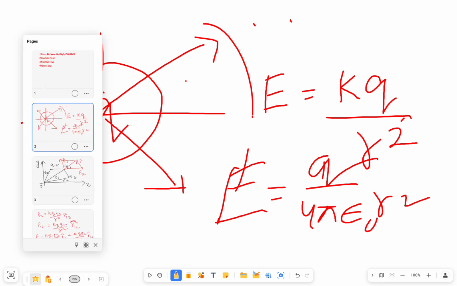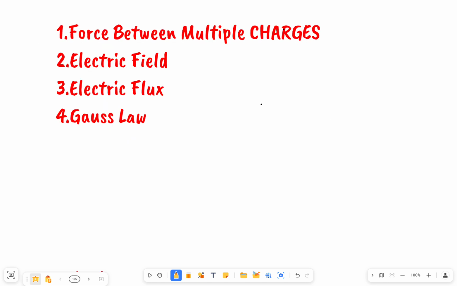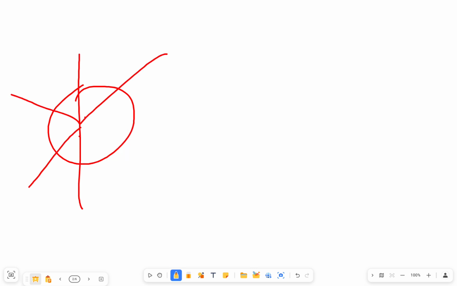Next part is electric flux. So it is also the extension of electric field. As we have seen, electric fields are getting generated from a charge.